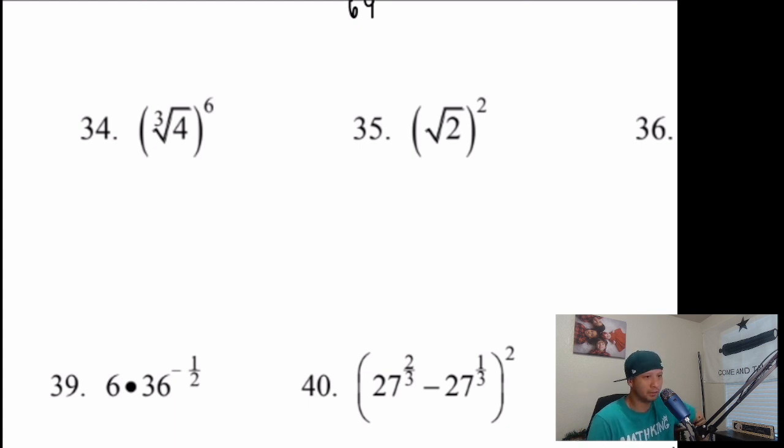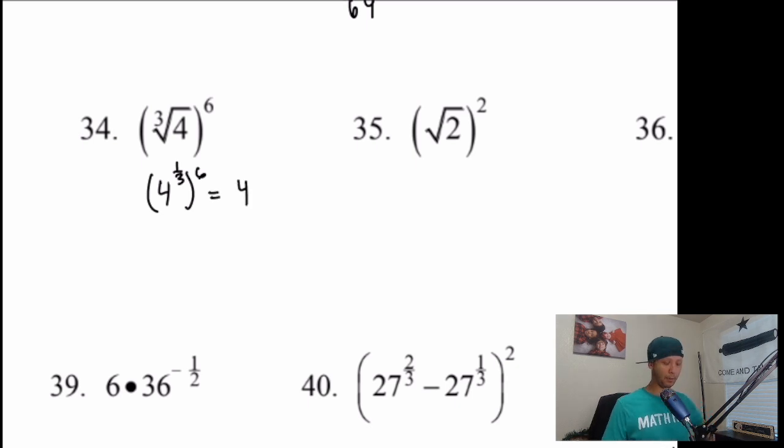Cubed root of 4 is not a clean number. It's not a whole number, it's irrational. So the best option we have is to convert it to an exponent and then see if it can simplify. If you have a power raised to a power, we multiply the exponents. So this is going to be 6 over 3, which is basically 2. So 4 squared is going to be 16.